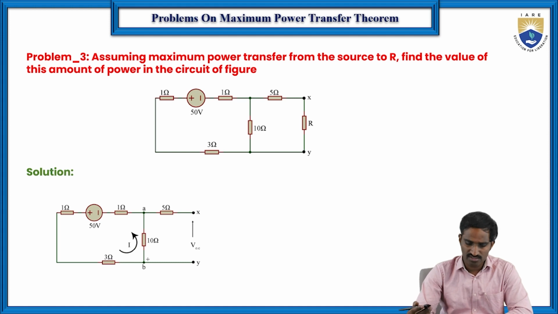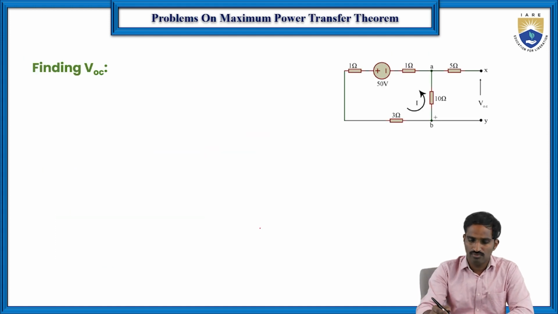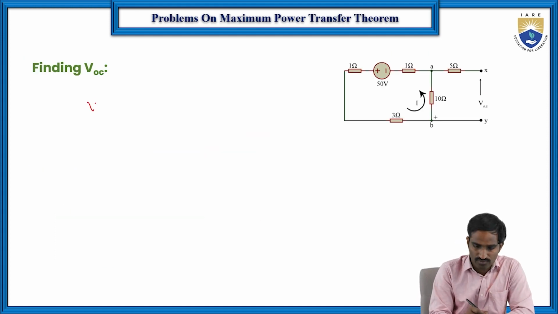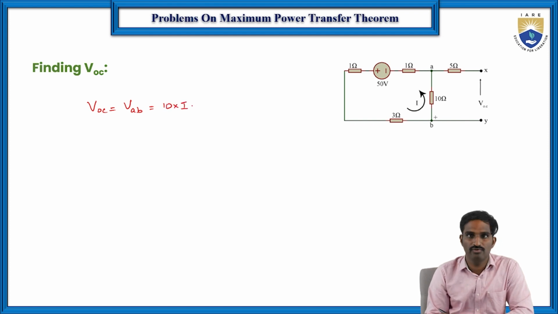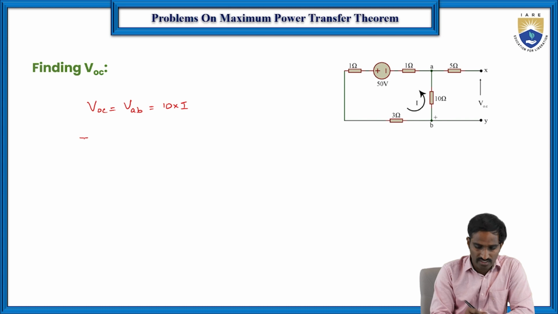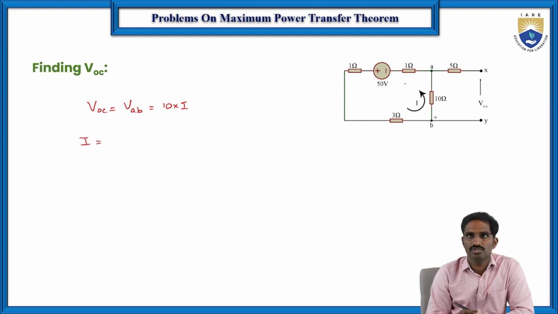So here it is really very simple. VOC is nothing but the voltage across the terminals A and B, which is 10 into I. This is VOC. So first we need to find I, the total current flowing through this particular circuit.